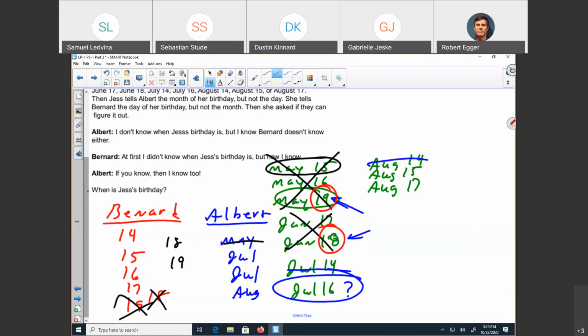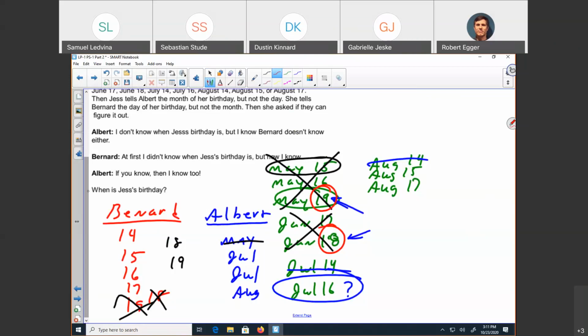Now Bernard would have thought about that. Oh, Albert just eliminated May and June. So now Bernard says, I know what it is. Now look between July and August. They both show the 14th.